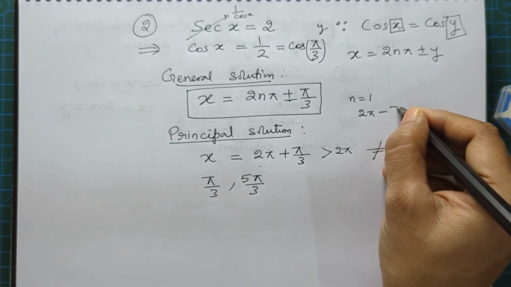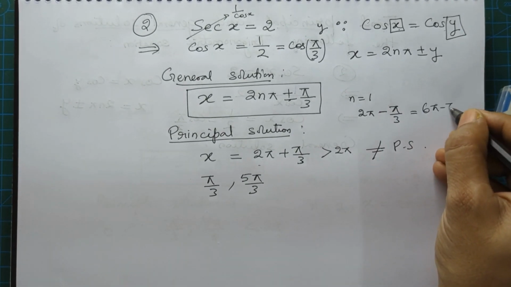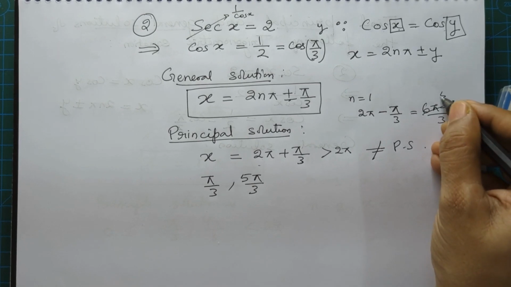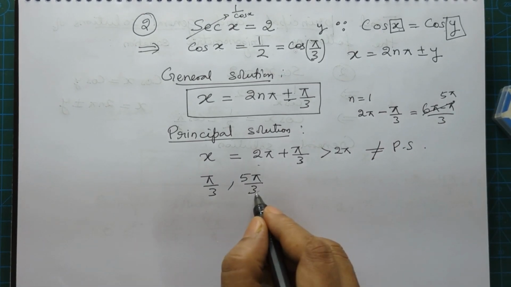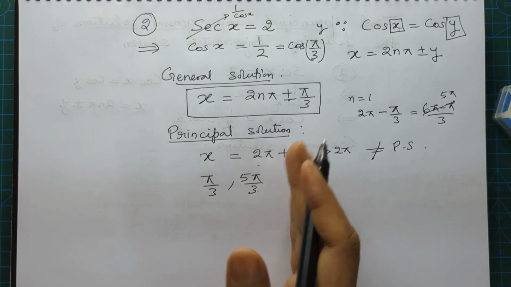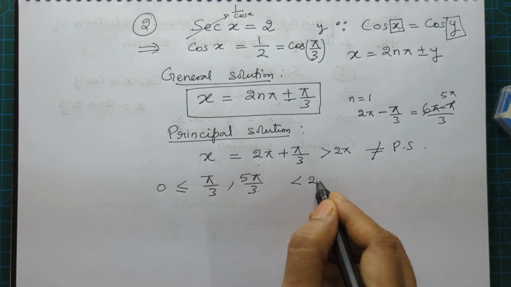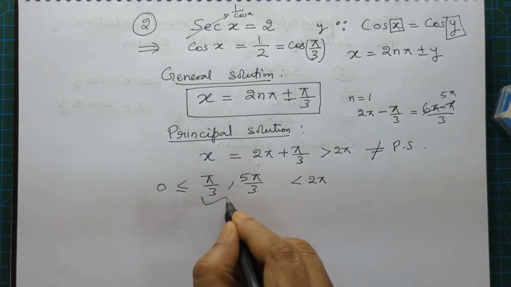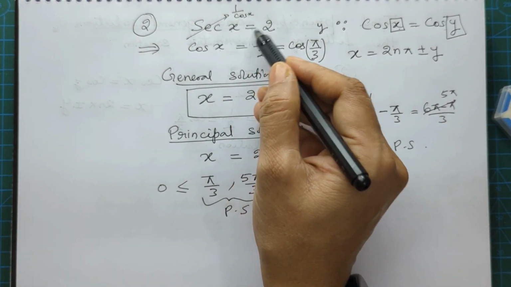So minus of pi by 3. So this turns out to be 6 pi minus pi by 3, which means 5 pi by 3. So these are the only two angles which lie from 0 up to 2 pi. Since they lie between 0 and 2 pi, these two are called the principal solutions of sec x is equal to 2.